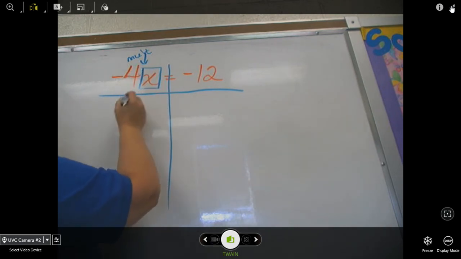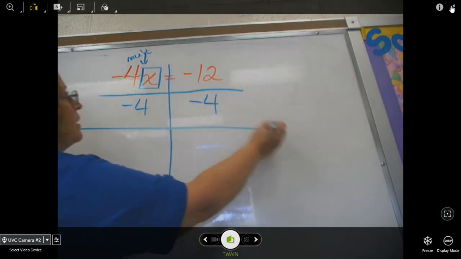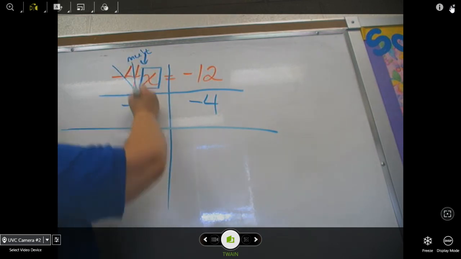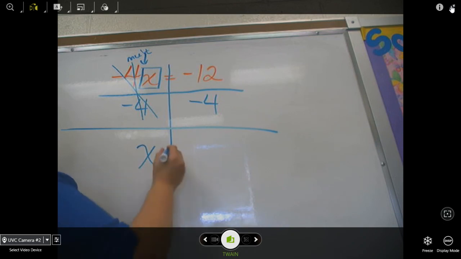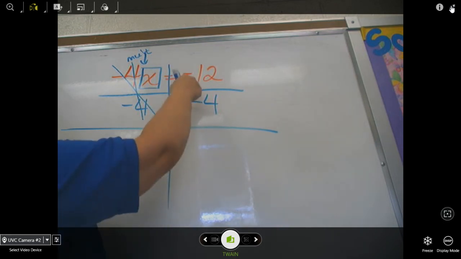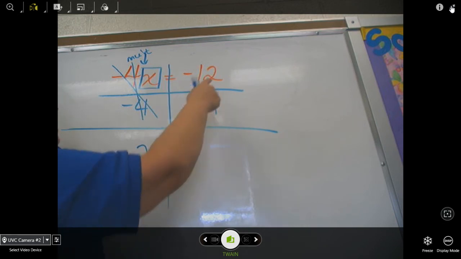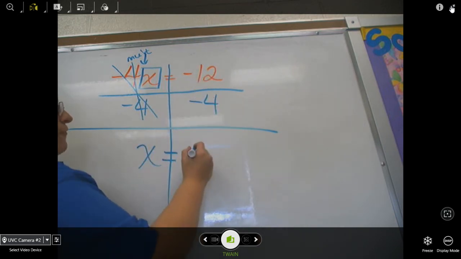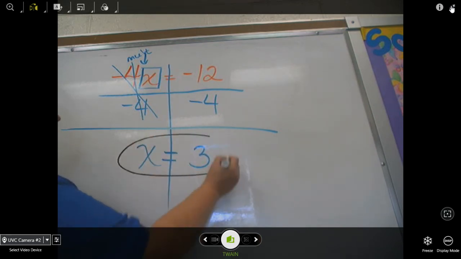So I'm going to divide by -4. Anything divided by itself is 1. So x equals, remember, a negative divided by a negative is always positive. So 12 divided by 4 is 3. So my final answer is x equals 3.